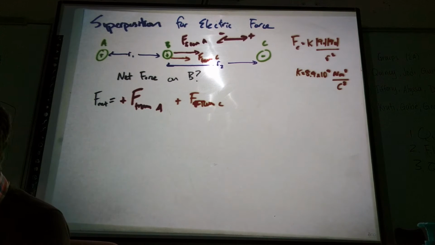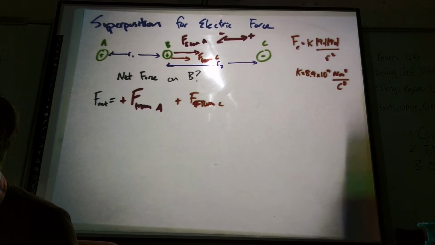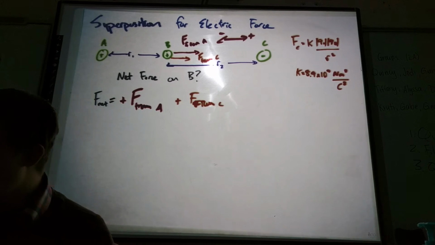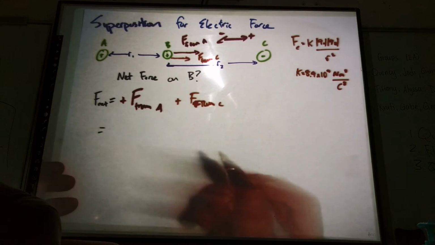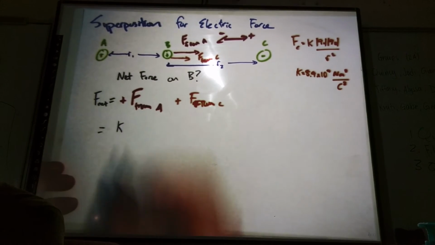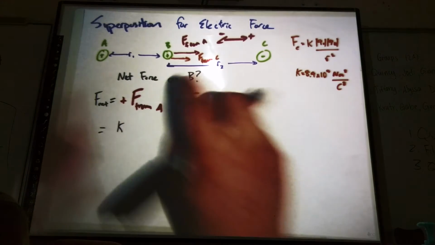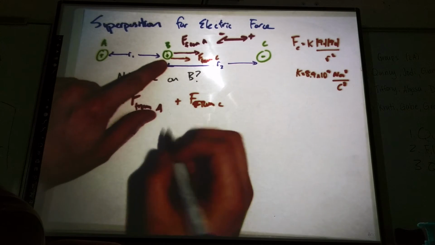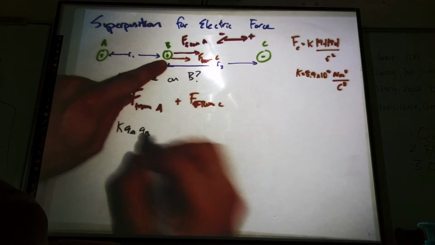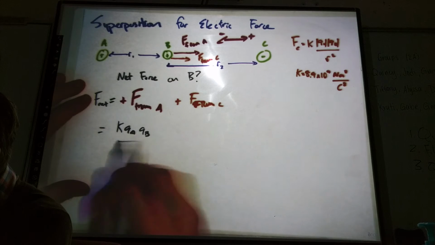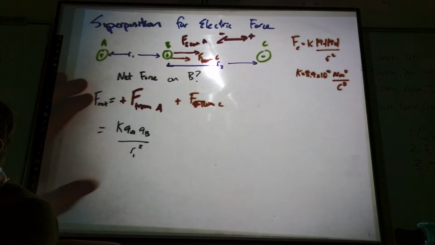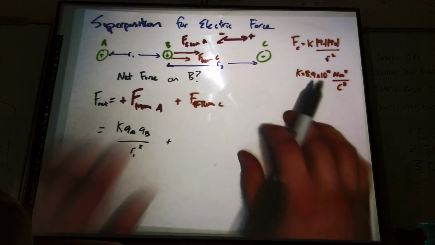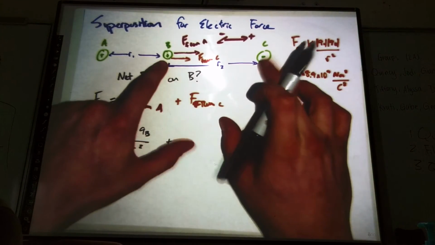Okay, I could expand this because I know my electric force equation, and that's what I'm going to do. Let's stick in just black from here on out. So K, Q1 times Q2, well, my Q1 here is the QA. This is my second charge, QB, and it's separated by a distance R1, so that R1 is squared. I do the same thing for this force, except my two charges are here and here.